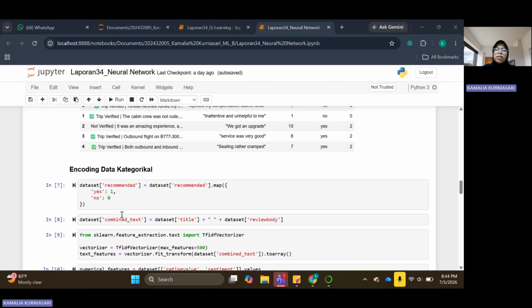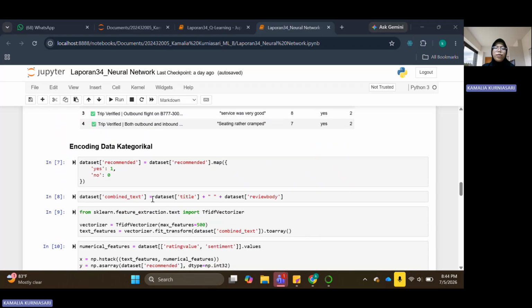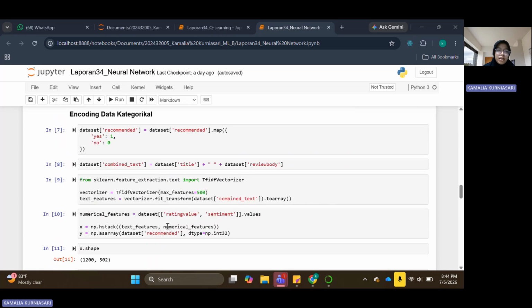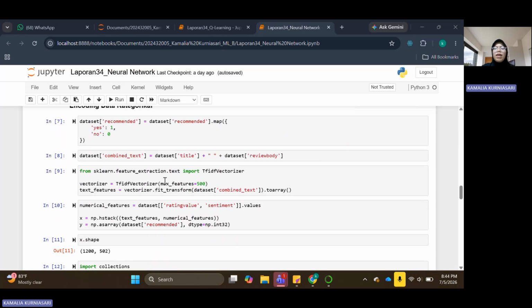Since the dataset contains text data, I combined the title and review body into one text column, and after that I transformed the text into numerical features using TF-IDF vectorization. TF-IDF converts text into a numerical representation so that the neural network model can process the dataset.